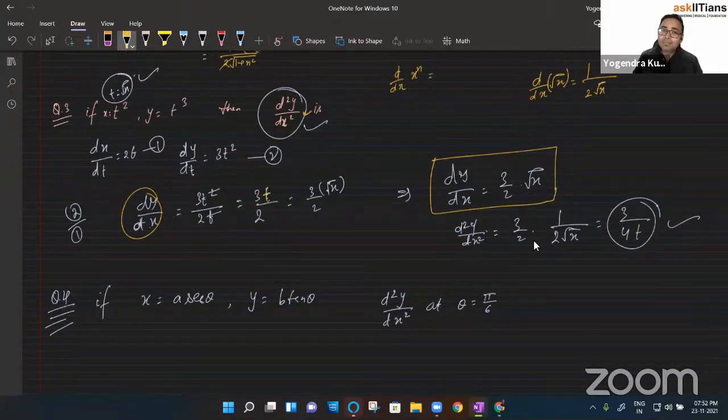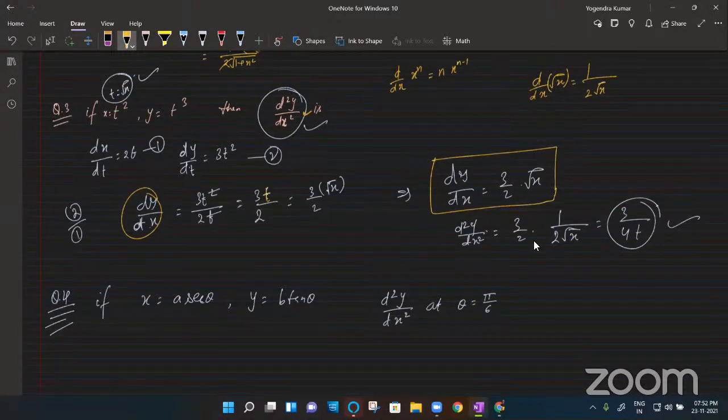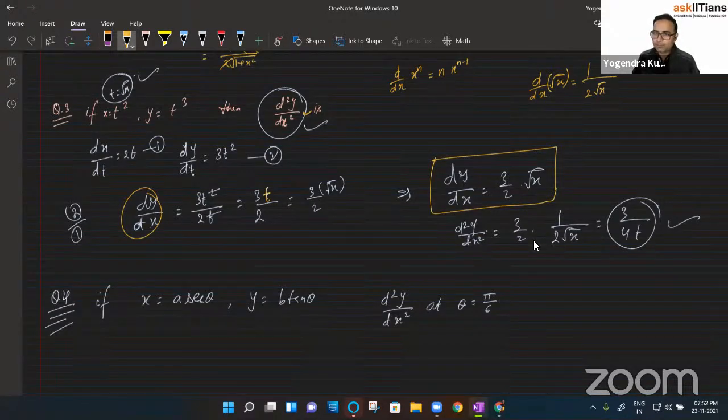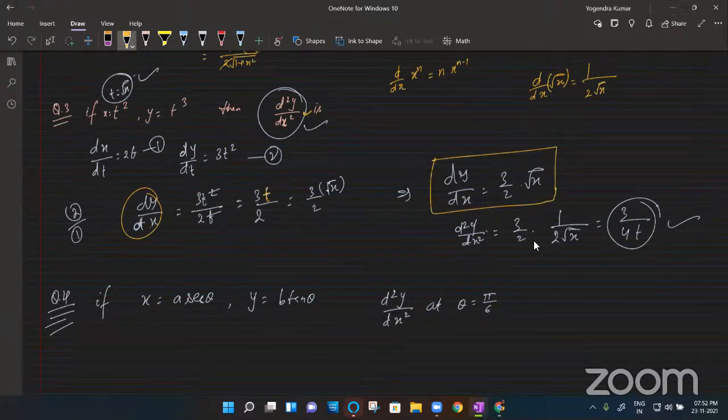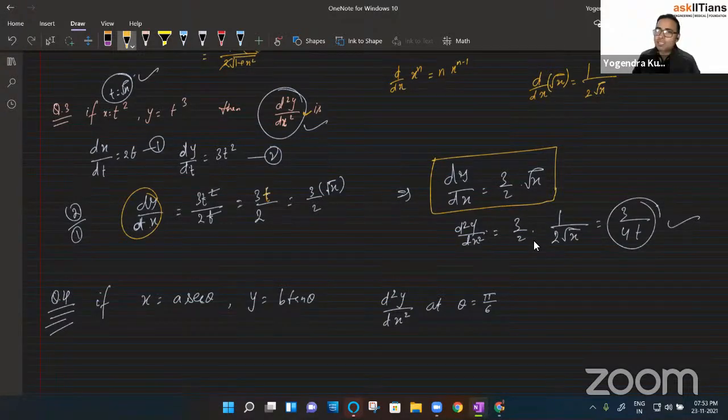Harini, n x raised to n minus 1, right? So what is the power here? The n value is half, right? So half means 1 by 2. And then x power will be half minus 1, so that's minus half, right? And because of minus half, root here.